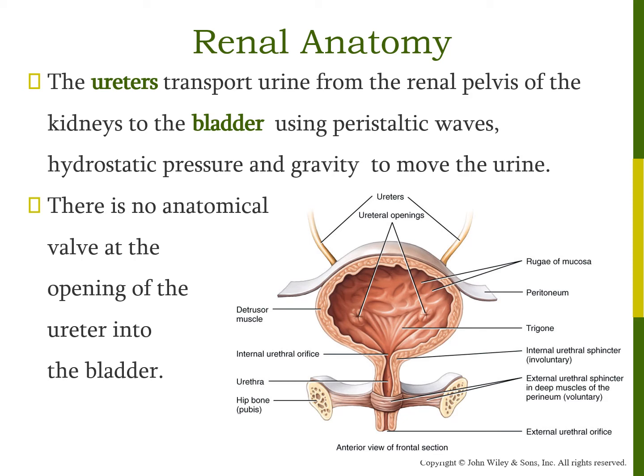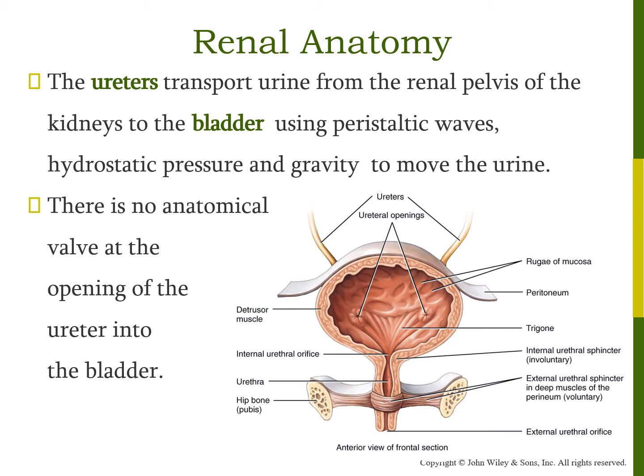These muscle layers mainly perform peristalsis that moves urine from the kidneys into the bladder. Also supporting the flow of urine is hydrostatic pressure, or fluid pressure, as urine continuously drains from the kidneys into the ureters, and also assisting is gravity.